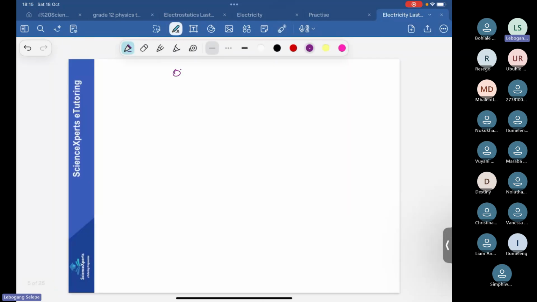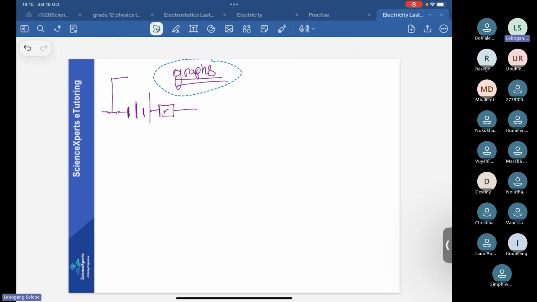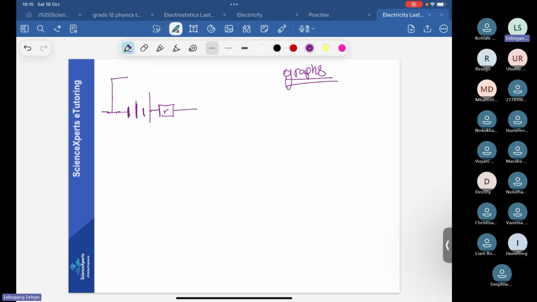So graphs. They will tell you that Elena has set up a circuit like this.